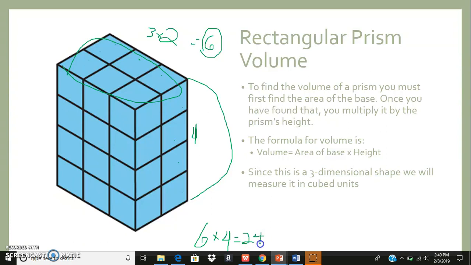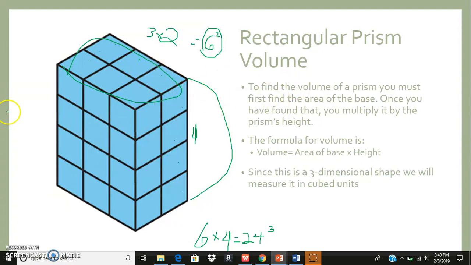And that would be our volume for this prism. And since it is a volume and a three-dimensional figure, it's going to be cubed units rather than just squared, like we would have for the answer for the base.